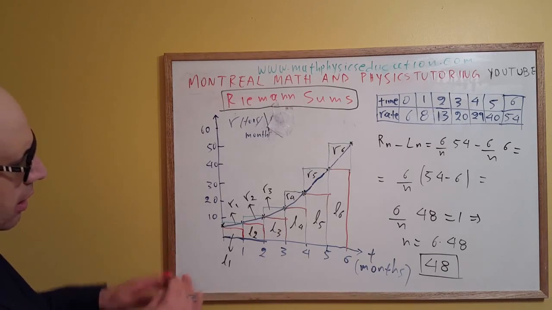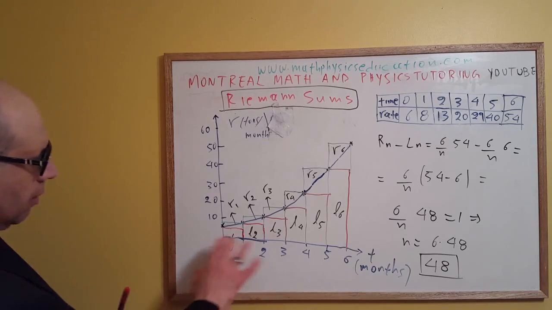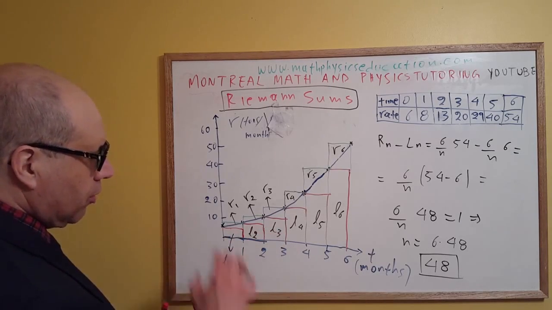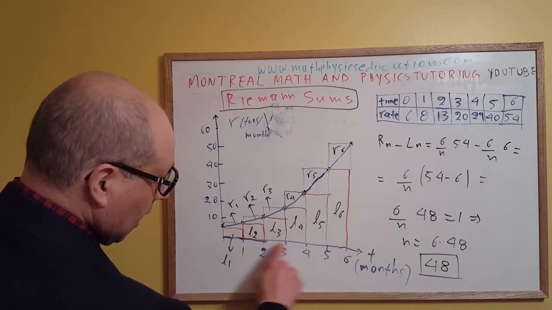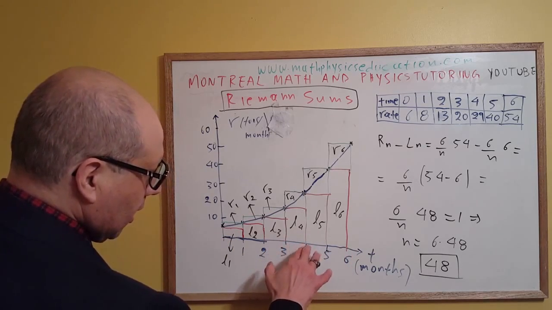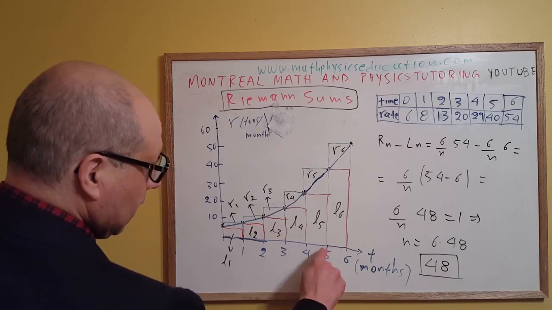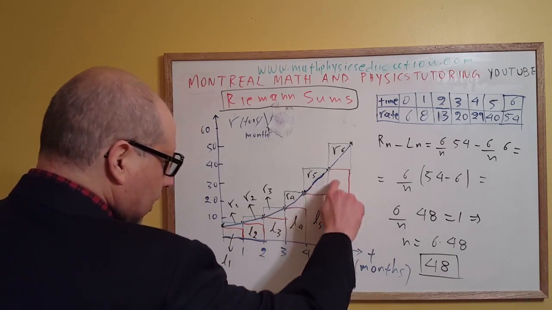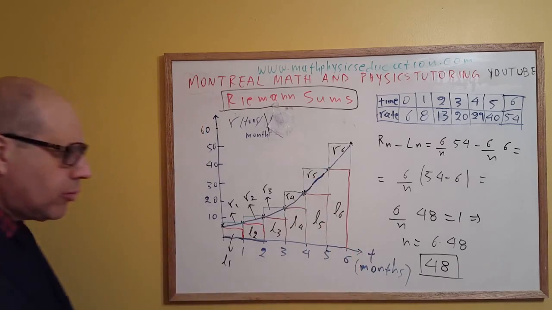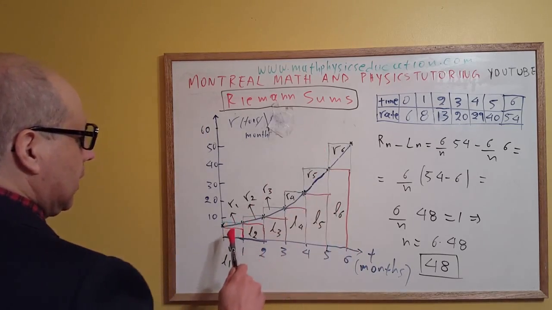For the visualization of the problem, let's say delta t is 1, so that means I will have 6 rectangles.